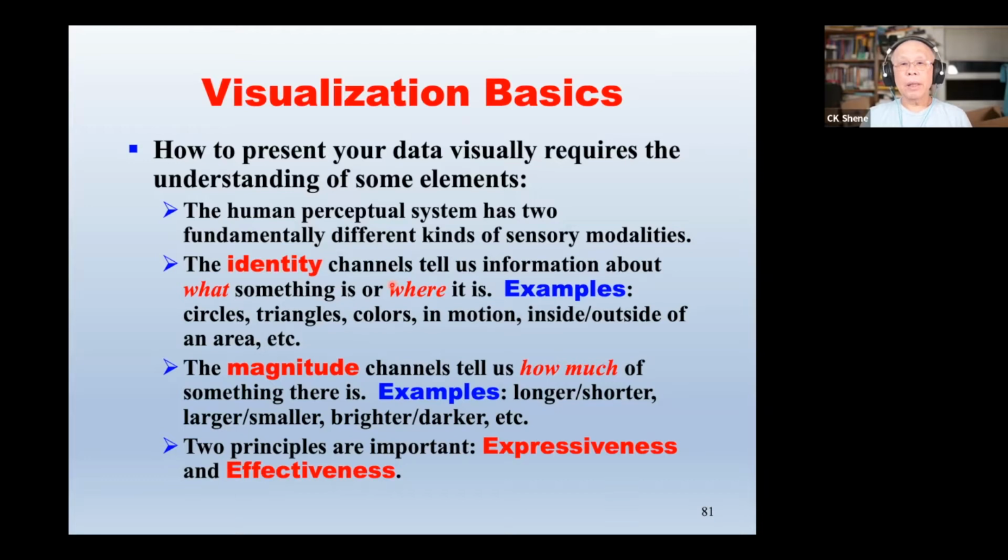The identity channels tell us information about what something is or where it is. For example, the identity channels may include circles, triangles, colors, motion, inside or outside of an area, and so forth. So we use identity channels to identify what it is and where it is.